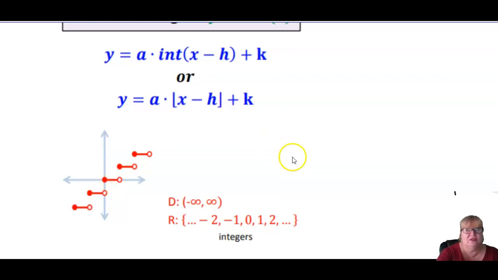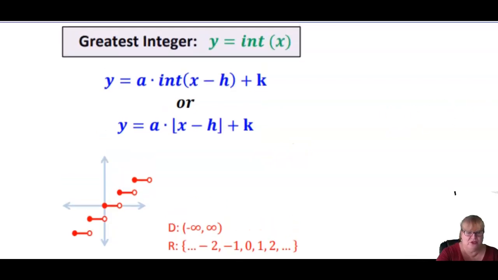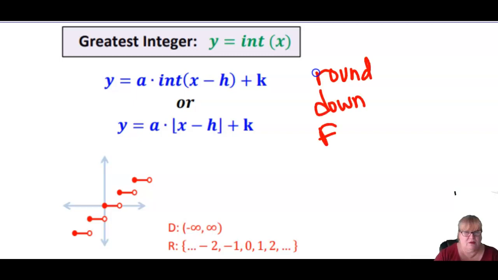It's also called the round down function. Now, rounding up or rounding down happens all the time in the real world, and it talks about when you have data that has to be rounded to a whole number.